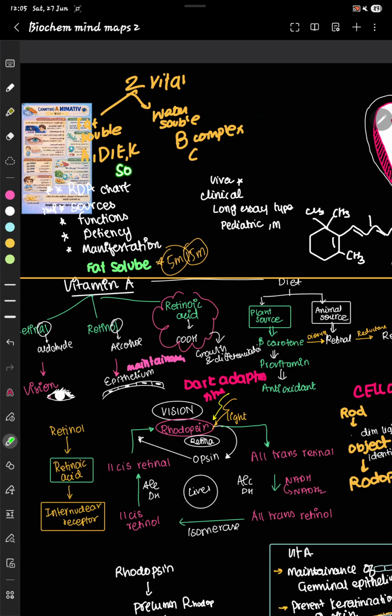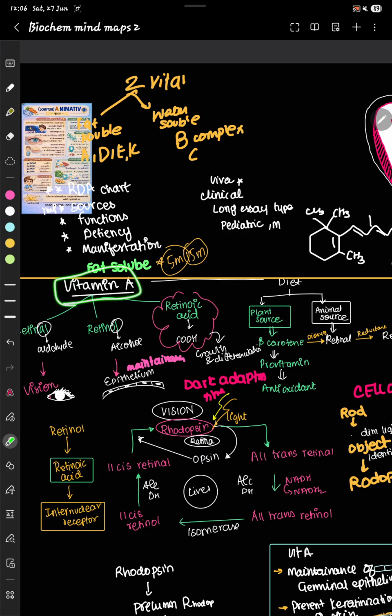Hence these are stored, but water soluble vitamins are easily excreted out through urine. The vitamins we know so far are A, B, C, D, E, K, right? Among them, B and C are water soluble vitamins, and A, D, E, K are fat soluble vitamins.